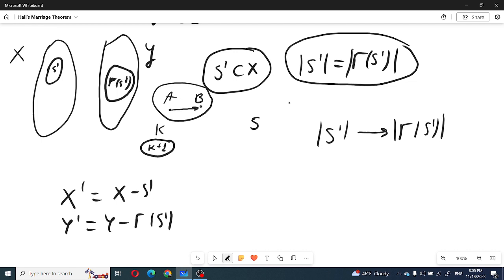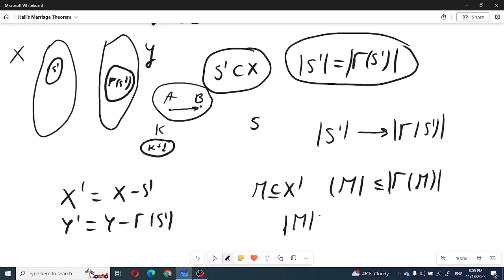So for every set M of X prime, the size of M will be less than or equal to the size of the neighbors of M in Y prime. Let's assume that this is not correct, and by using the contradiction method, we will prove that it is. So we have found some set M such that the size of M was greater than the neighbors of M in Y prime.